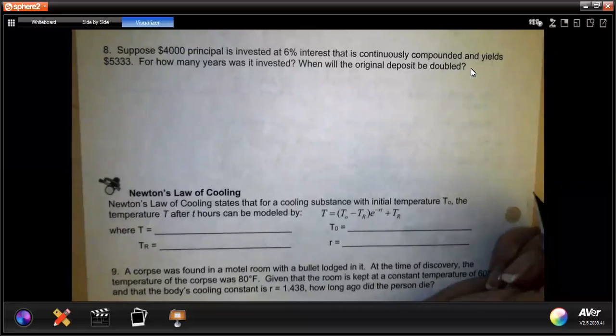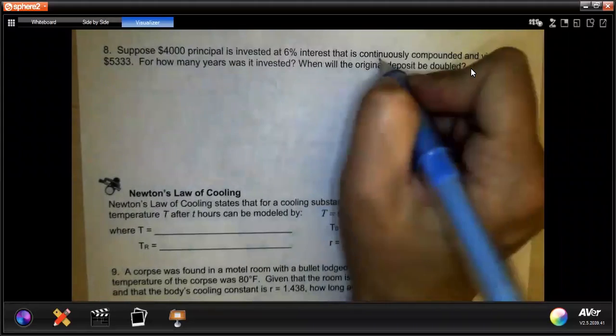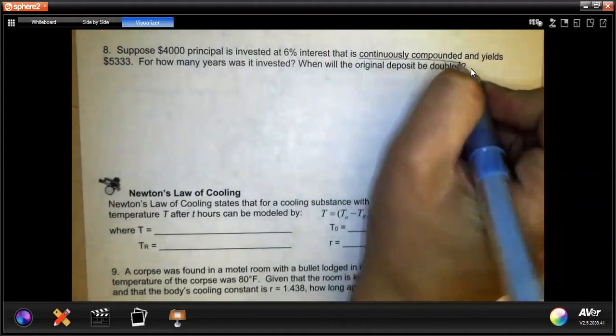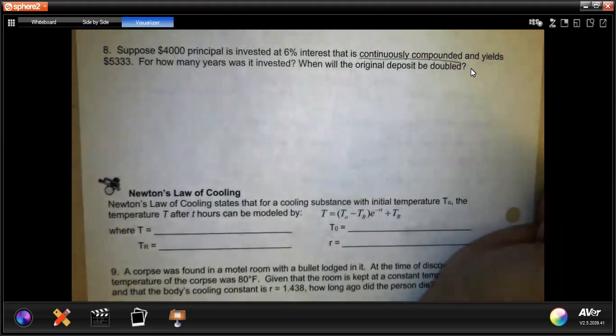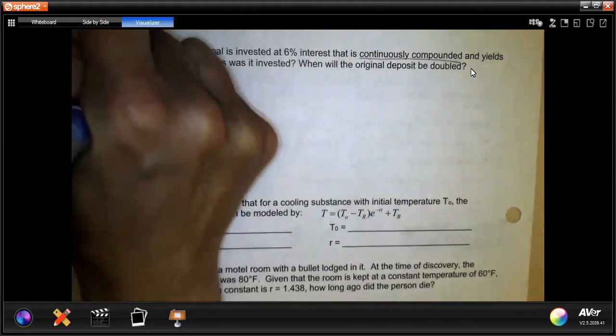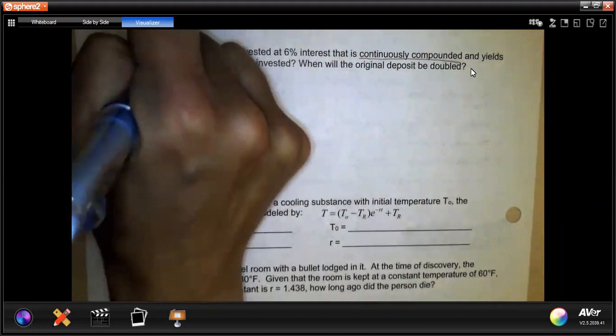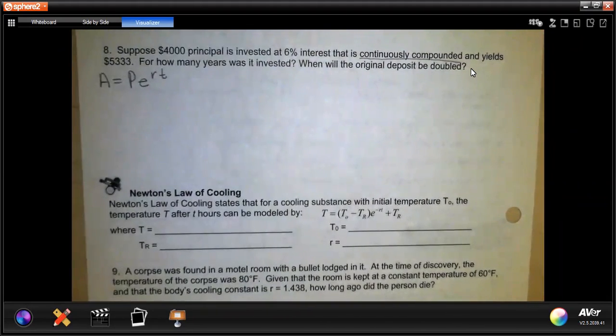All right, so we want to solve this problem here. As soon as we see continuously compounded, we know to use the PERT equation. So I know I'm going to start with A equals P times e raised to the rt power.